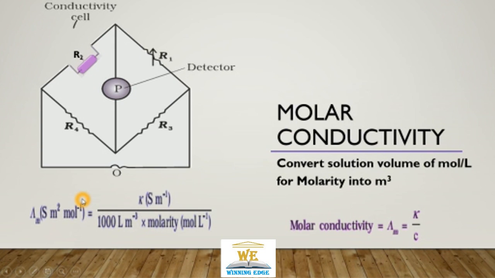So this is the expression for molar conductivity, and its unit will be Siemens meter square per mole. And remember, 1 Siemens meter square per mole will be 10 to the power 4 Siemens centimeter square per mole.